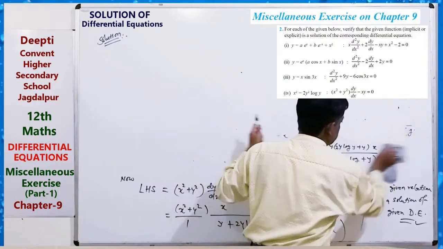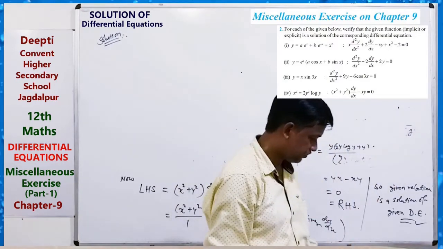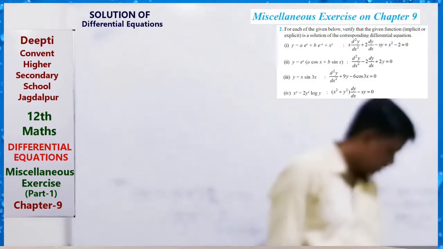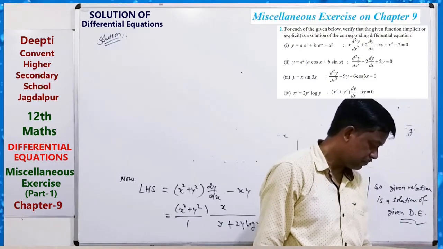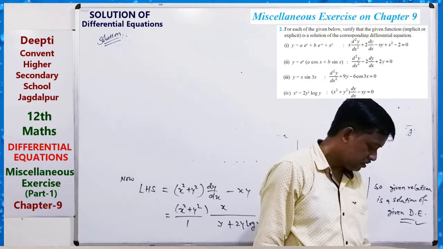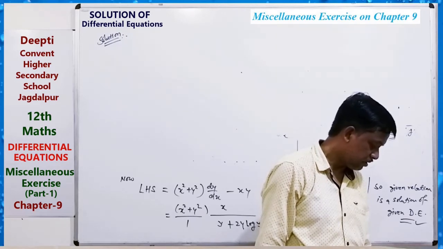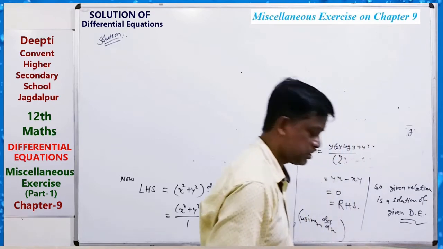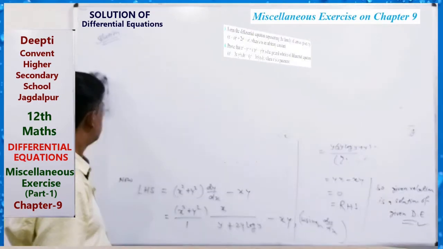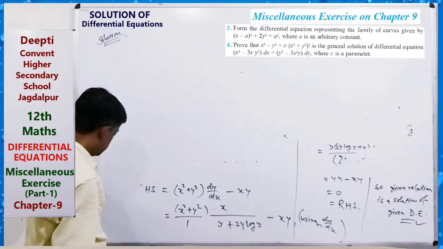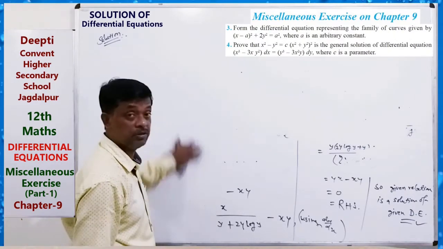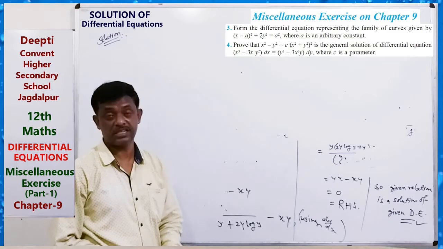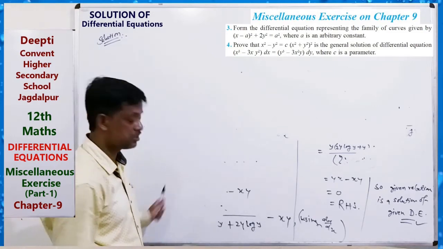Question third is given like this: form the differential equation representing the family of curves given by this relation, where a is an arbitrary constant. Because this is the miscellaneous exercise, there are different types of questions. Formation of differential equation: we can form a differential equation from a relation by eliminating arbitrary constants.